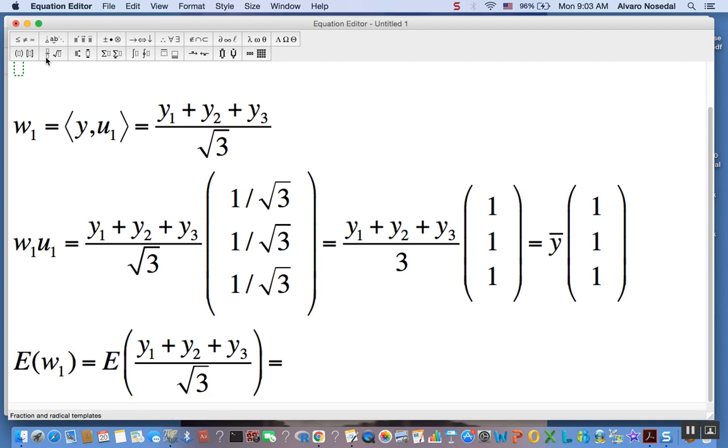We could factor it out. 1 over square root of 3, right? And then it would be times expected value of y1 plus expected value of y2 plus expected value of y3. You guys agree?